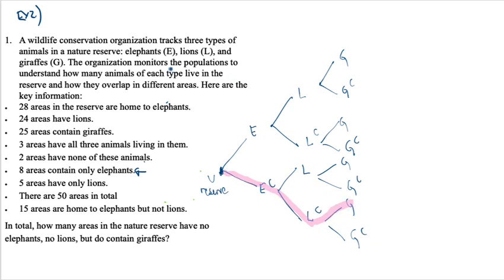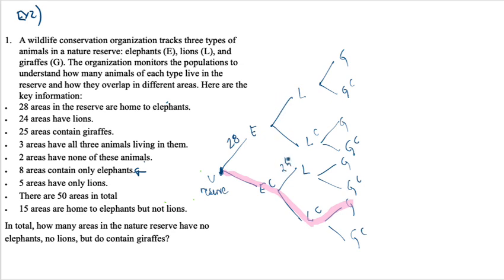So let's start completing this tree with the information. I have 28 areas in the reserve that are home to elephants. So 28 comes here. 24 areas have lions. Okay. So should I put it here? No. Should I put it here?